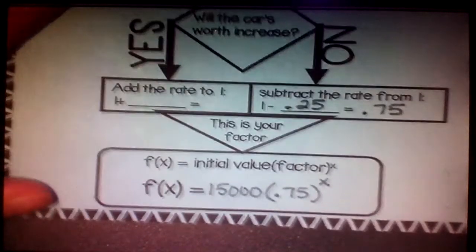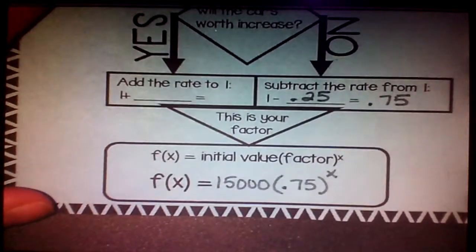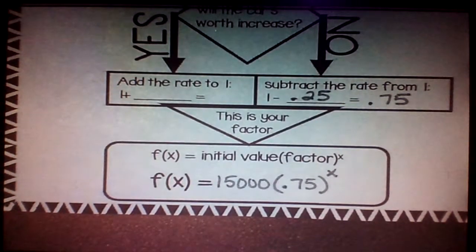You're done. They're not going to do that on your test, though. So the car costs $75? No. So what this is telling you is, let's say 2 years have gone past.